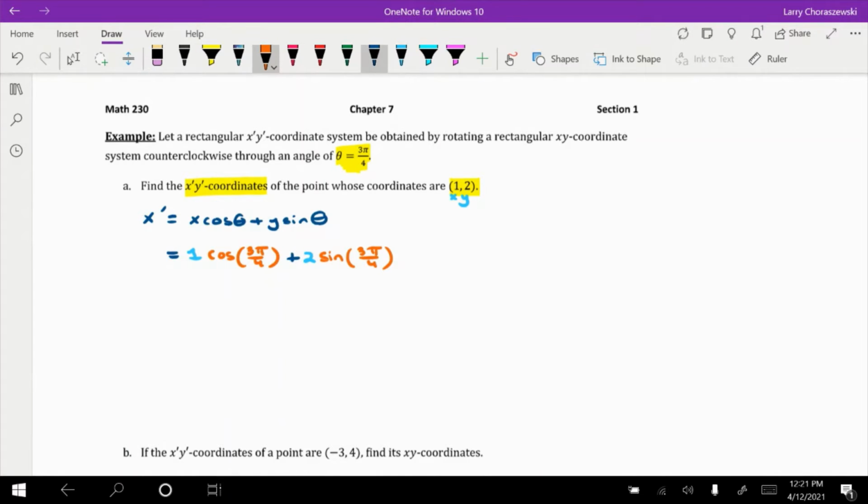And I hate to do this to you guys, but we are going to have to do some unit circle trig here. This right here is going to be 1 times negative radical 2 over 2 plus 2 times positive radical 2 over 2.